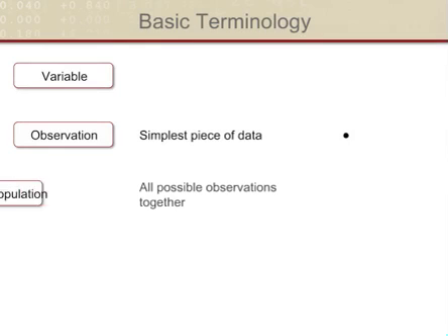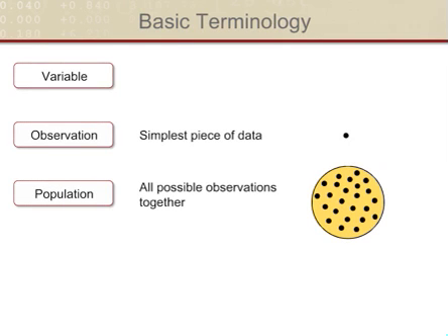Go back to observation. If you have all possible observations put together, you have what we now call a population. Now the word population, if you look at its Greek origins, implies people. But it doesn't have to be people. We can have the population of all books in a library. It's not people. It's still a population. As long as it's all possible observations that could belong to the data set, it's a population.